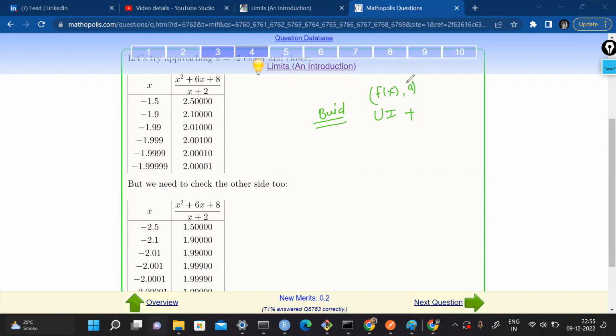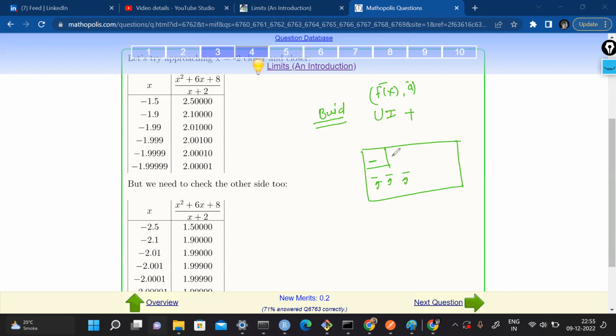Based on your function and point, our calculator will return the limit of that function. The UI will look like this. There will be one input, so just pass your function, and there will be multiple buttons, like if you want to find the limit, check the continuity of the function, or find the differentiation of that function. Based on that we have multiple buttons.